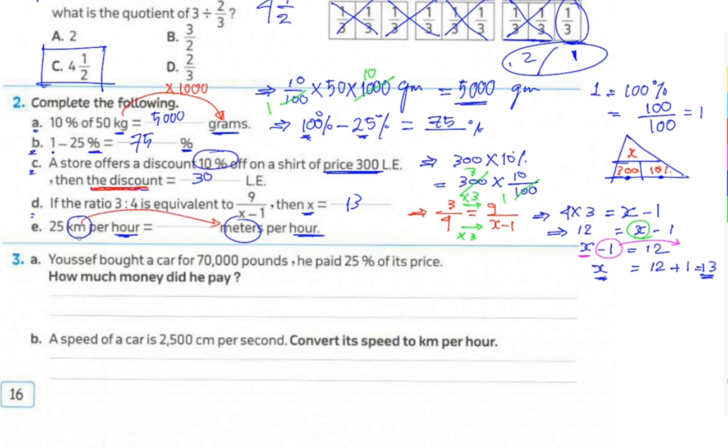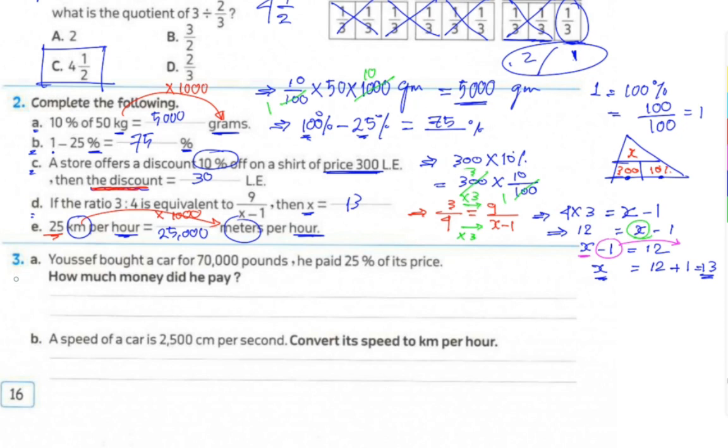From the big to the small. But kilometers contains how many meters? 1,000. Times or divide from the great to the small? Of course, I will use times. So the number here was 25 times 1000. That will be 25,000. Okay, that's it.